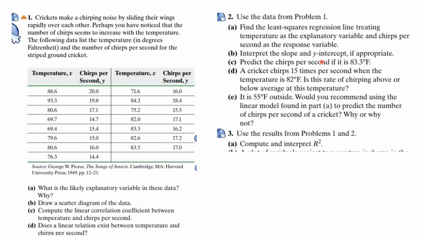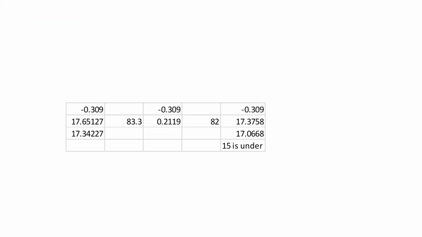In D, they ask if a cricket chirps 15 times per second when the temperature is 82, is this above or below the average at this temperature? Well, we're going to take the average from the least squares line. And, oh, excuse me, I skipped one. We wanted to predict the chirps per second if it is 83.3. We're going to deal with both of these at the same time, C and D. And so I use my equation.